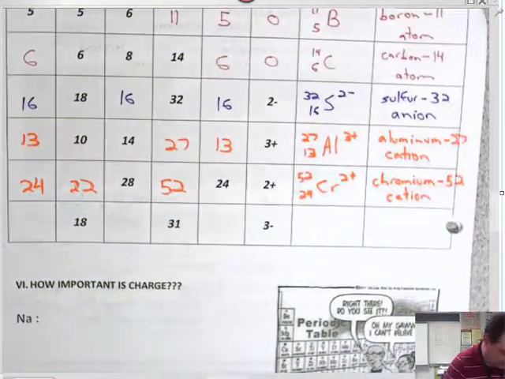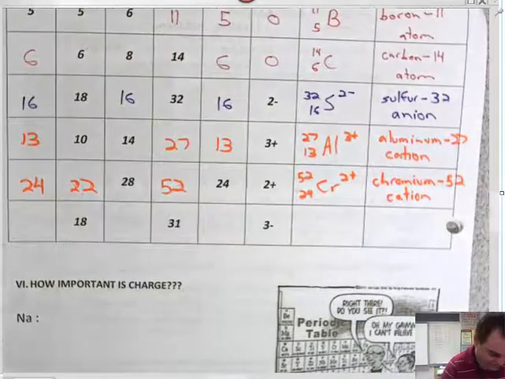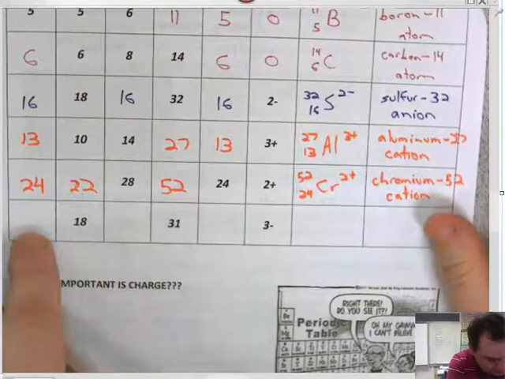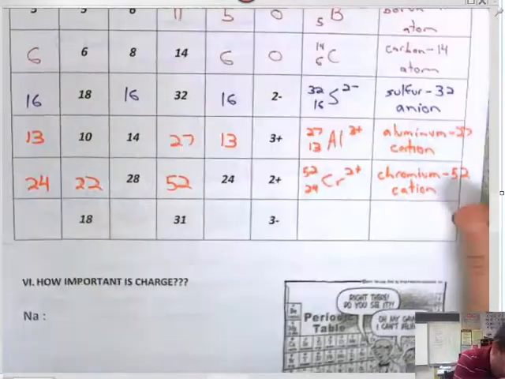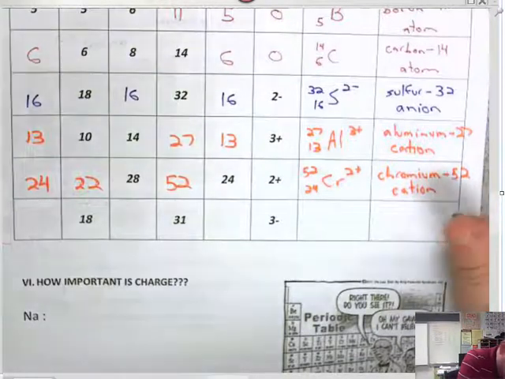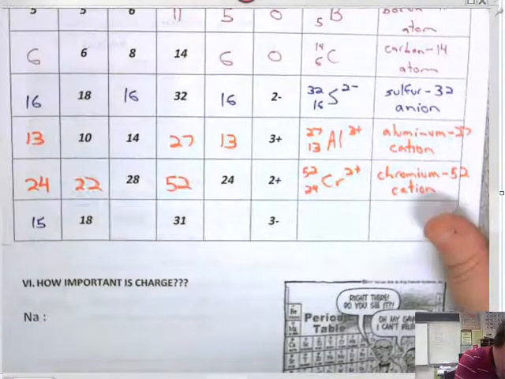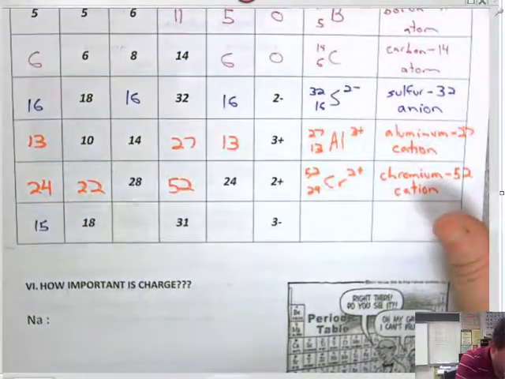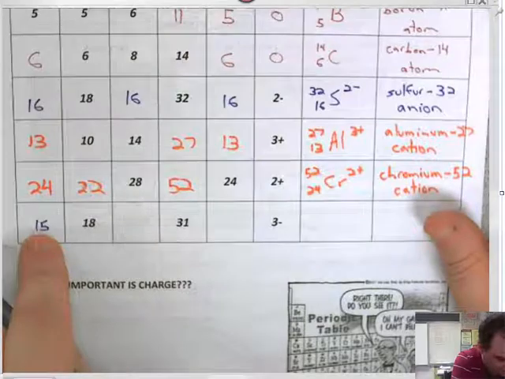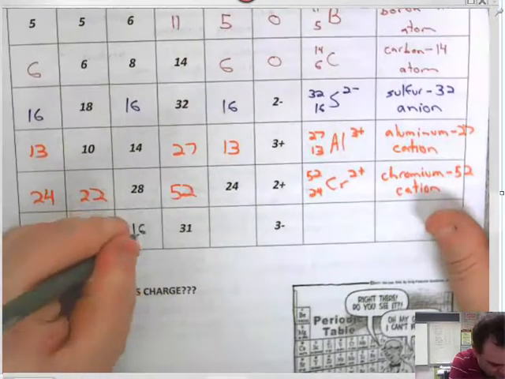Okay, final one here. This one has a negative charge, so this one's an anion again. Blank minus 18 is minus 3. Not 21. 15. Because then you end up on the negative side. 15 minus 18 is negative 3. 31 minus 15, we get our neutrons with 16.